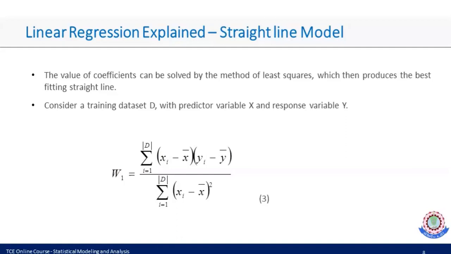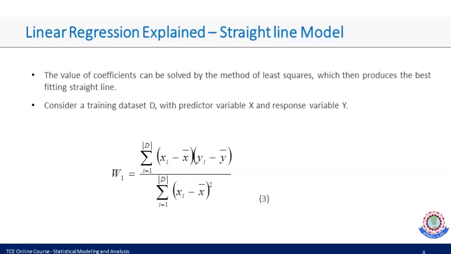Then, the regression coefficient can be estimated using the following equation. W1 is equal to summation i is equal to 1 to d of (xi minus x bar) into (yi minus y bar) divided by summation i is equal to 1 to d of (xi minus x bar) the whole square.